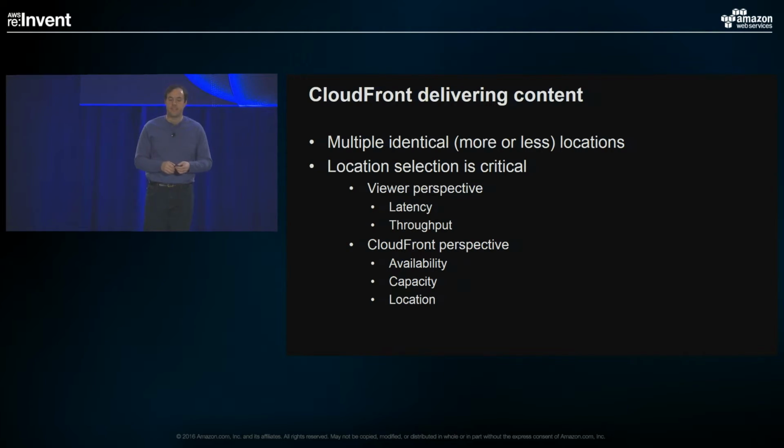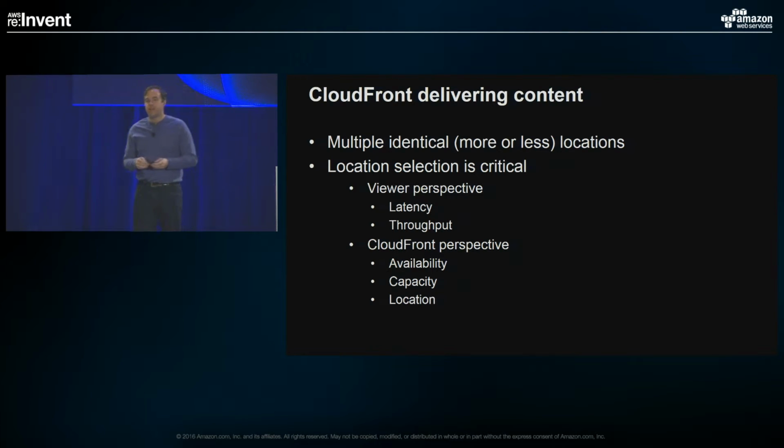From the CloudFront perspective, obviously the customer experience is of paramount importance to us. But in addition to that, availability is our second priority, second only to security, which is for all of AWS always our top priority. In the event that a location is unavailable, we want to quickly make sure that viewers are routed away from that location to another location. In addition, we're able to manage capacity.